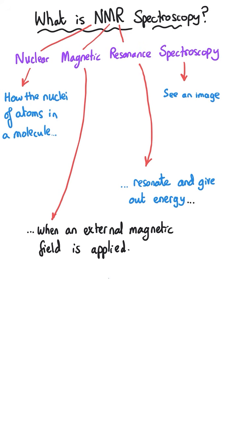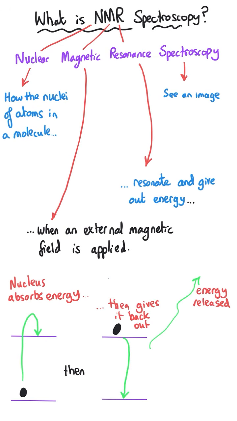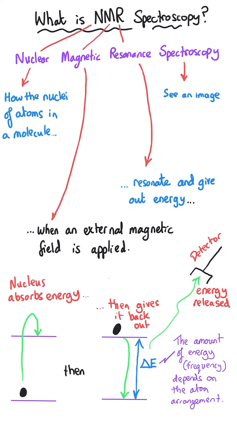The effect of that is energy is given out by the molecule and it is detected in the NMR machine, and the frequency of the energy that is detected corresponds to a particular arrangement of atoms within the molecule. That's because nuclei in different environments absorb different frequencies of energy, and these absorptions give us clues about how the atoms are arranged.